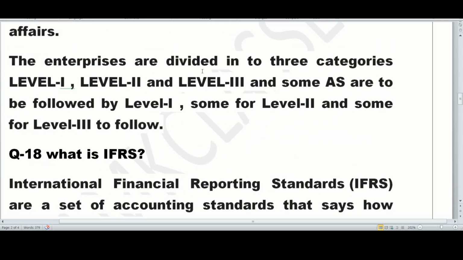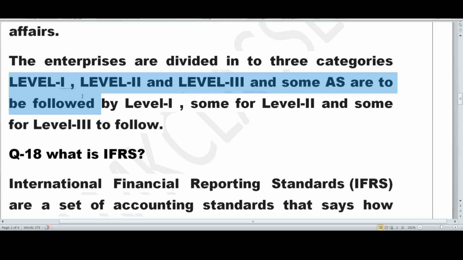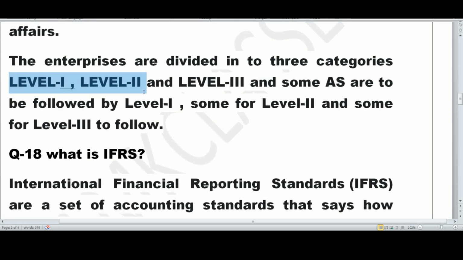The enterprises are divided in three categories: level 1, level 2 and level 3. Some enterprises follow level 1. Some accounting standards are to be followed by level 1. Some accounting standards are to be followed by level 2.